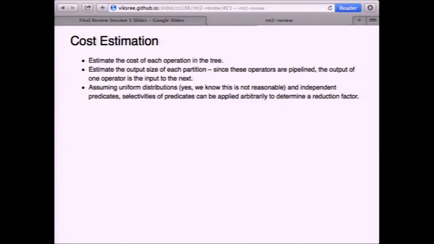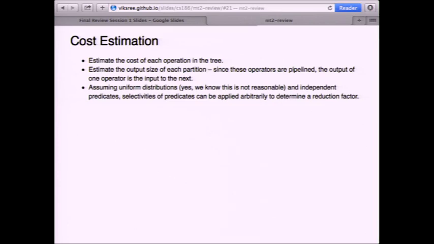When we're performing these joins, the biggest difficulty we have to optimize for is the size of our intermediate results. So when we join two tables together, we need to find a good way of estimating how big these intermediate results are.